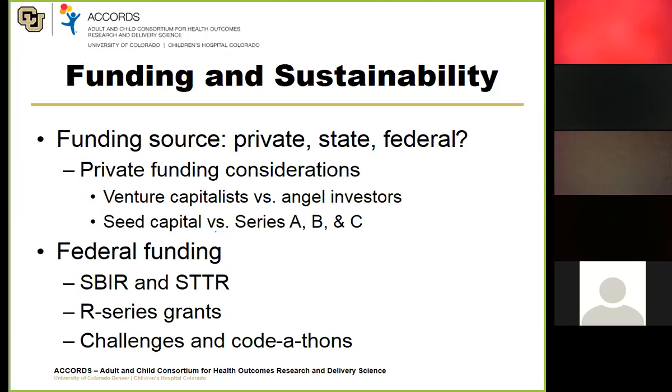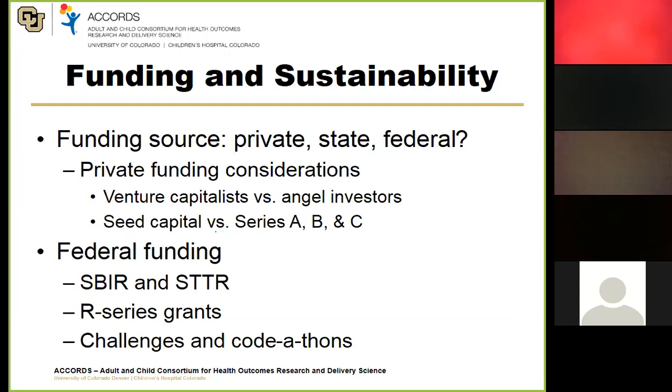Some of these are the traditional R-series grants. A lot of them are R21s, which tend to be a little bit more on the novel side and a little bit less likely to require as deep an evidence base. SBIR and STTR funding is a particular mechanism. SBIR stands for Small Business Innovation Research, and STTR is a technology transfer context.